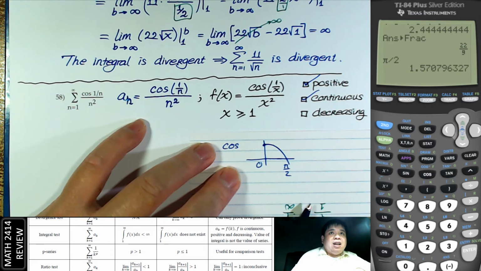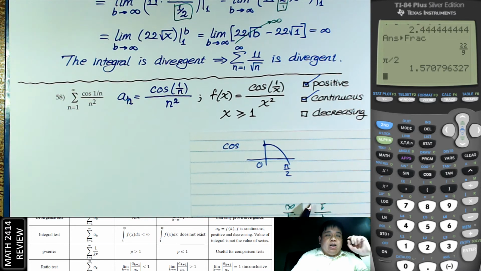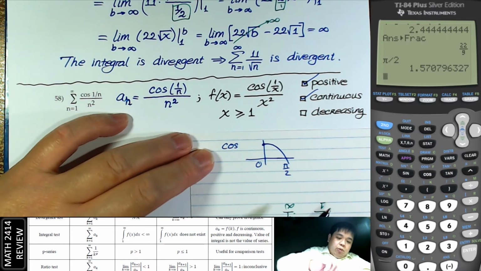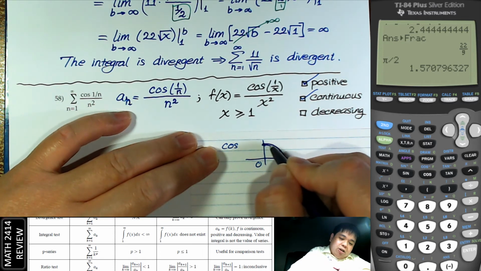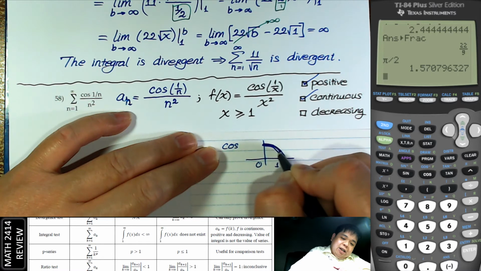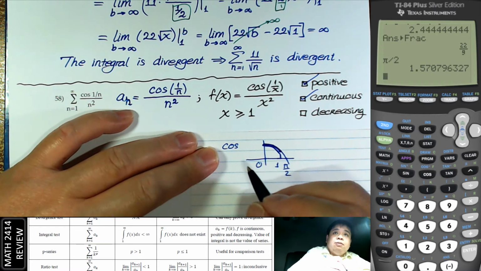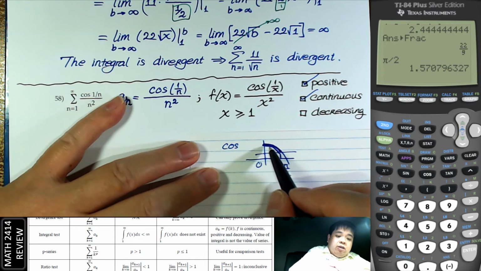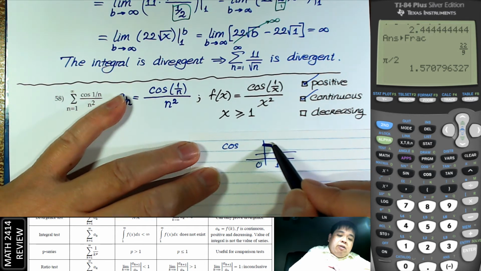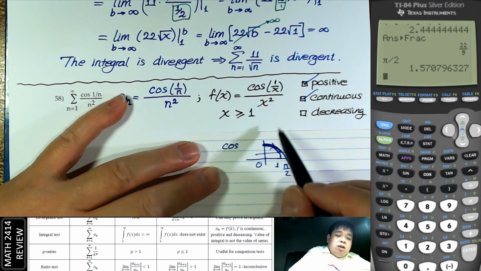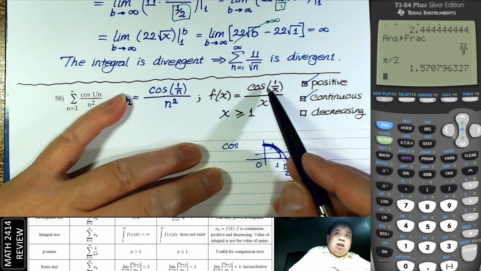But we did say that 1 over x is between 0 and 1. So we only have this part to go from 0 and 1, I mean in terms of 1 radian. But as far as the bigger values of x, there will be the smaller number of 1 over x.